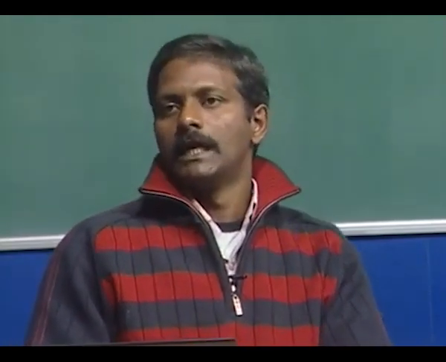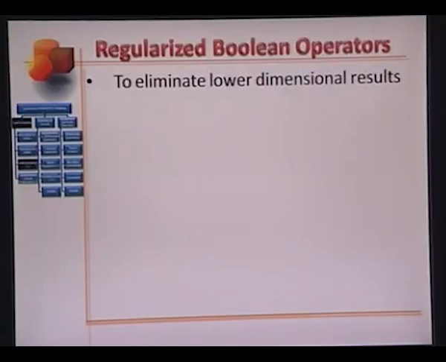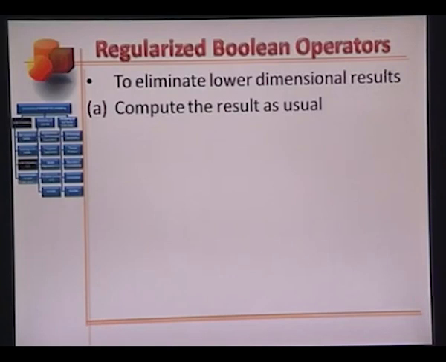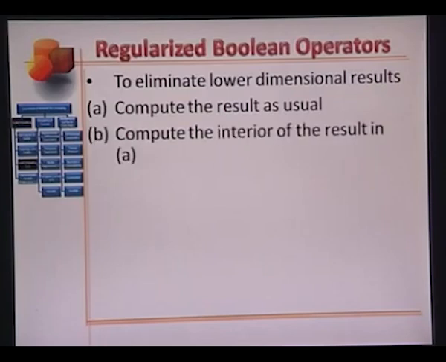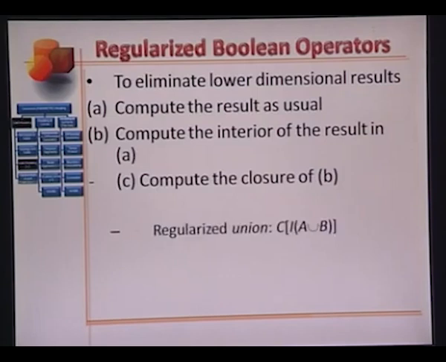To eliminate lower dimensional solids, which are not solids at all, we compute the result as usual. That is, we compute the result as if we are performing a raw Boolean operation. And then we compute the interior of that result. We compute the closure of the result in step B. For example, a regularized union will look something like this.